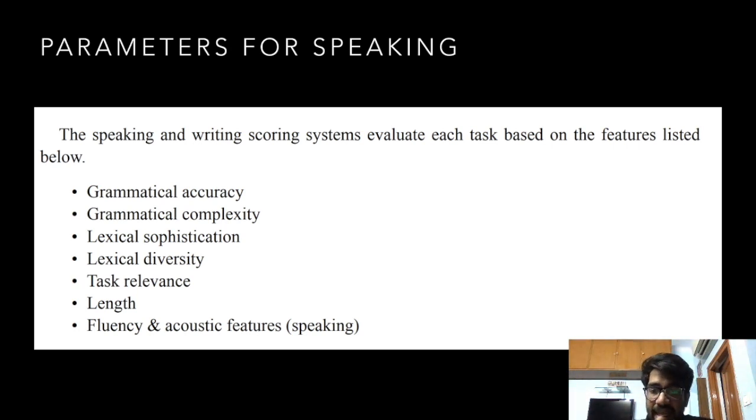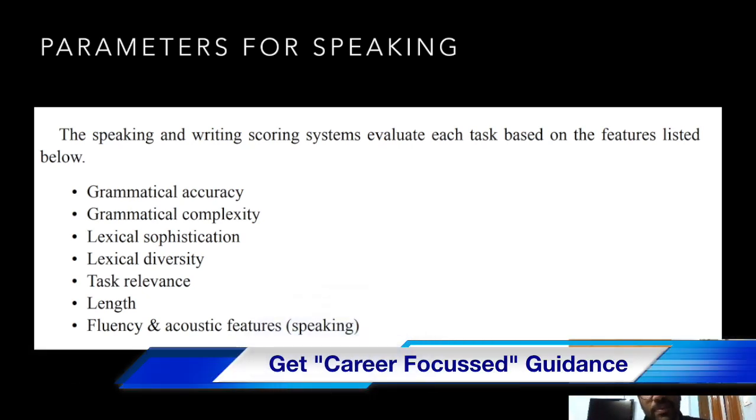Grammatical complexity. This means that you have to use some complex sentences, but yet again, you don't have to overdo it. Every sentence doesn't have to be a complex sentence. Just one, two, three of them are good enough, because that is the natural flow of how even the native speakers speak.